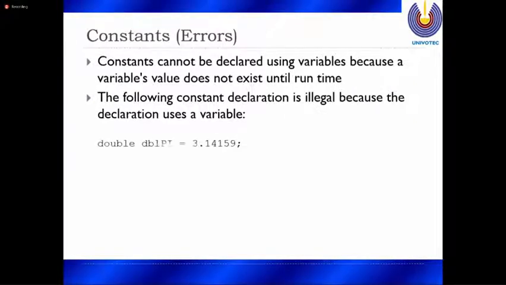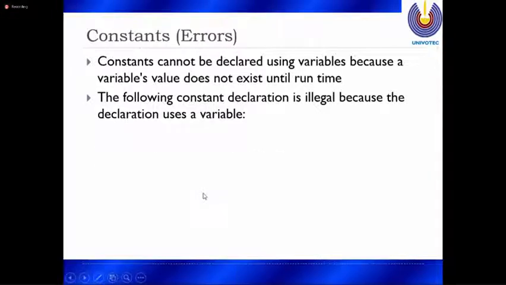Now you can see here double dbl pi equals 3.11. This is the variable, not the constant. Then again const double C dbl 2 pi equals dbl pi times 2, because dbl pi is a variable. It may be changed after running time. Therefore, you cannot use a variable in a constant declaration.